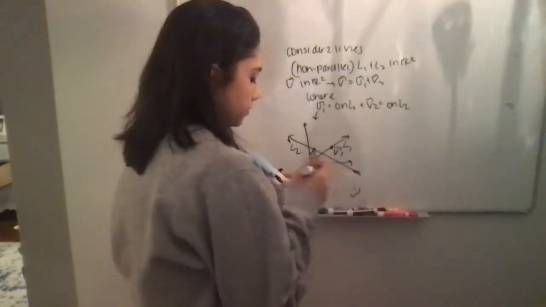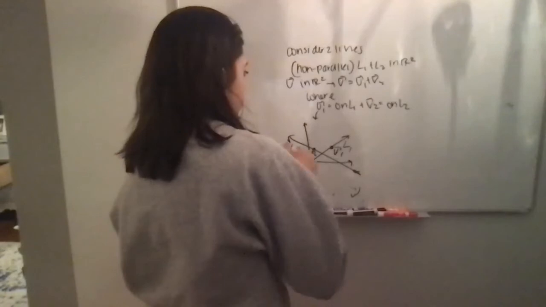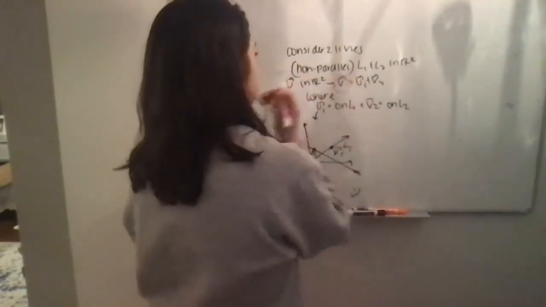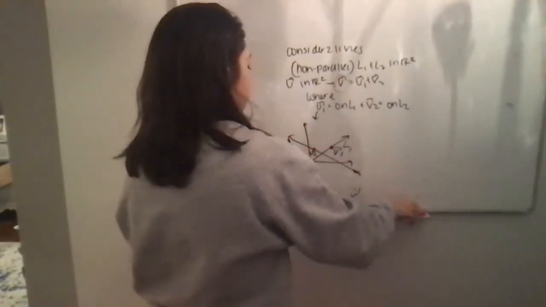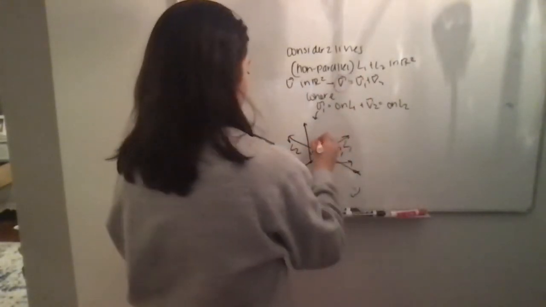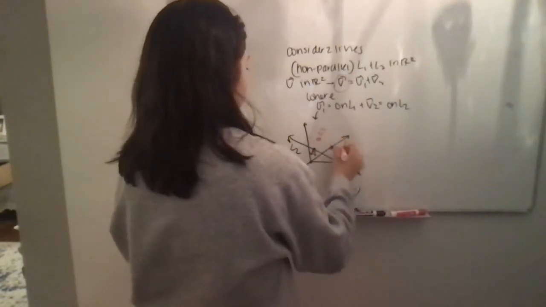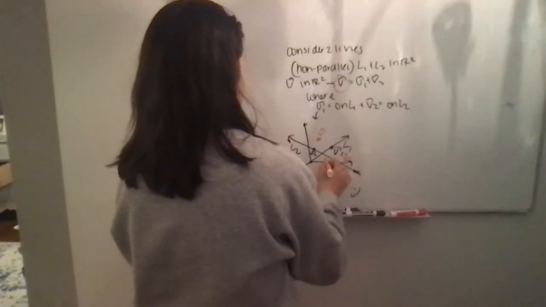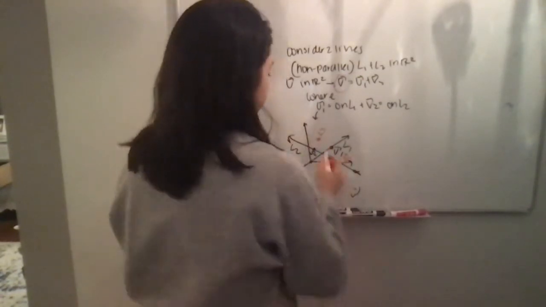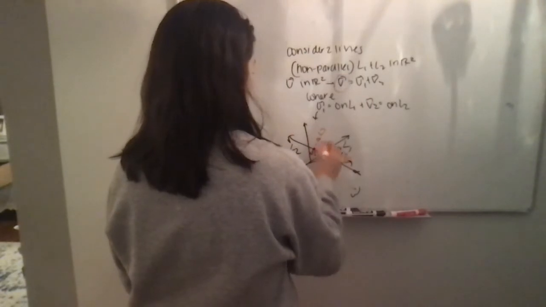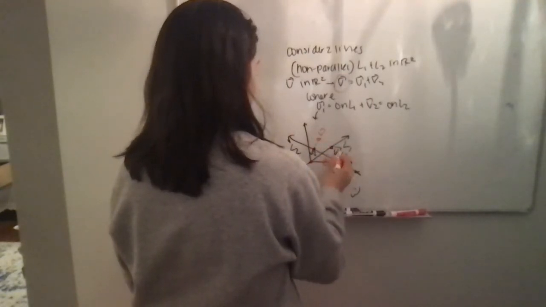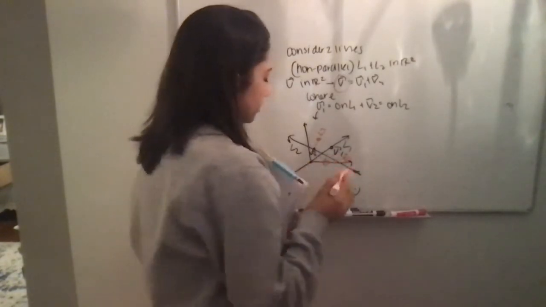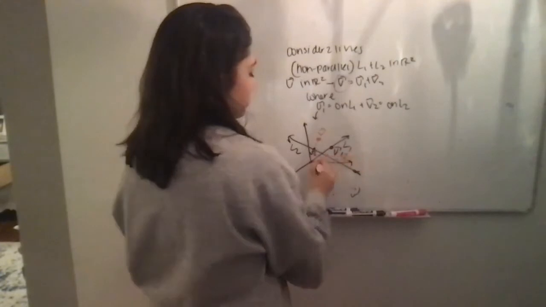So if we take V, we can put V anywhere on here. We can put V here, here, or here. But in any of these cases, we can connect these two vectors to that point.